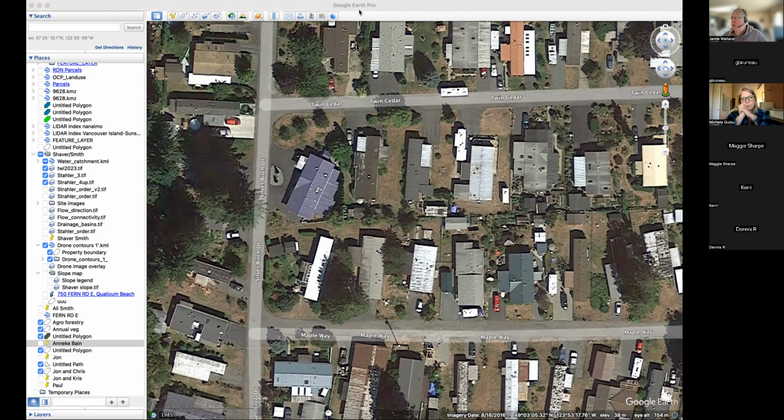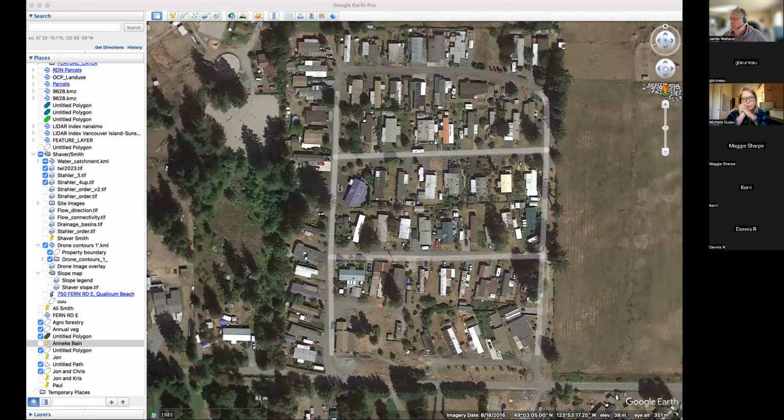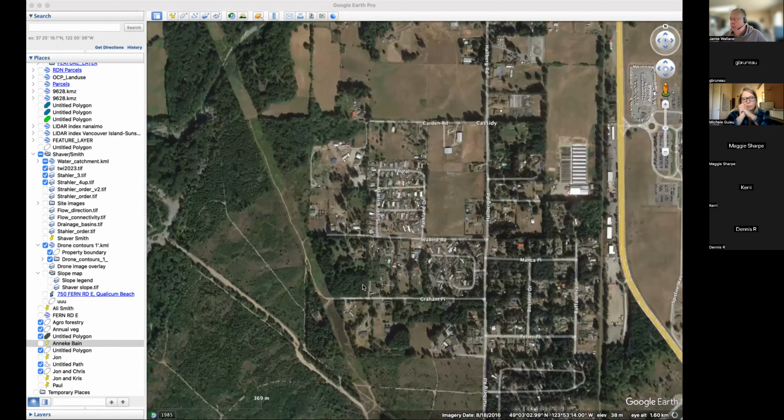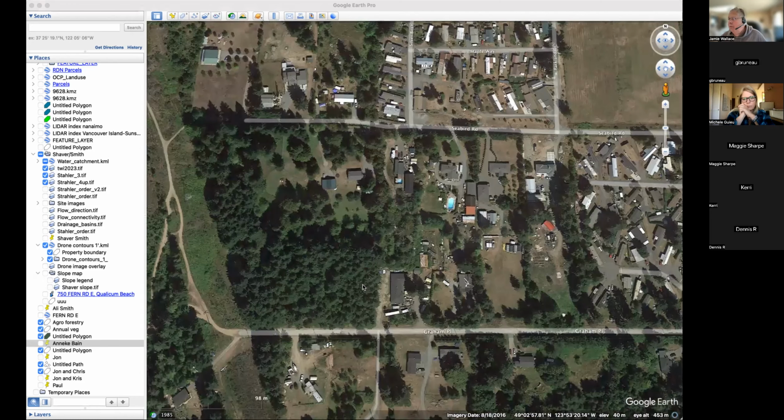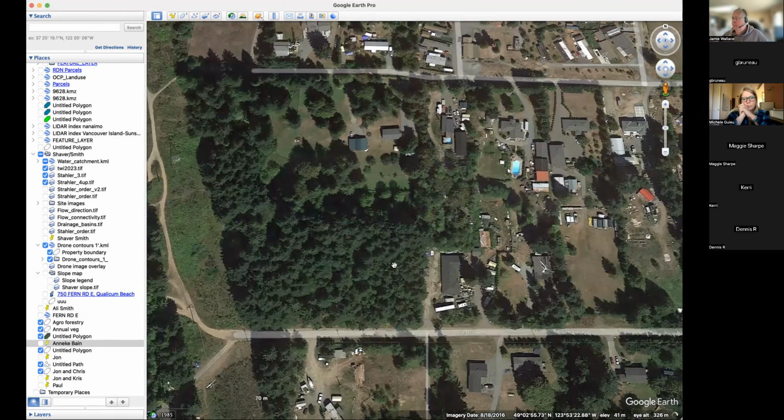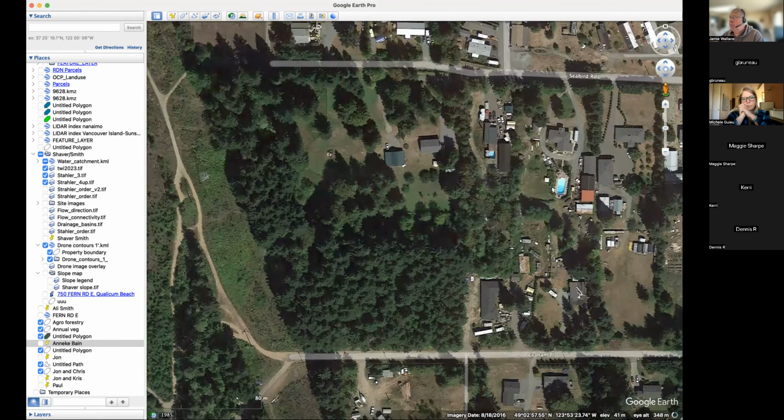However, let me just back out here, and I see Wilfred has a comment. Great, I will get right to that. So let's just go a few blocks away, and we'll just put a pseudo property boundary up here. Let's say this was your rough property boundary on this particular parcel.